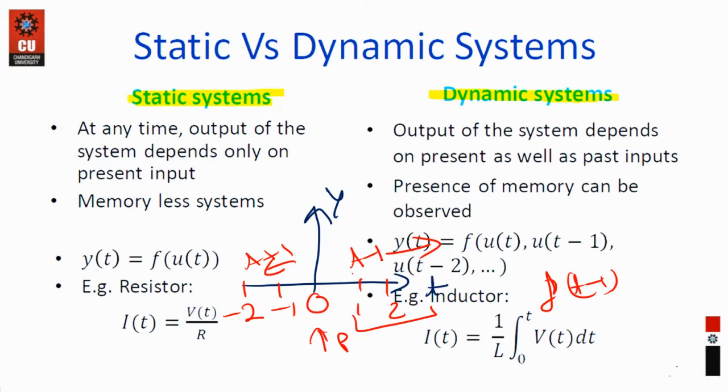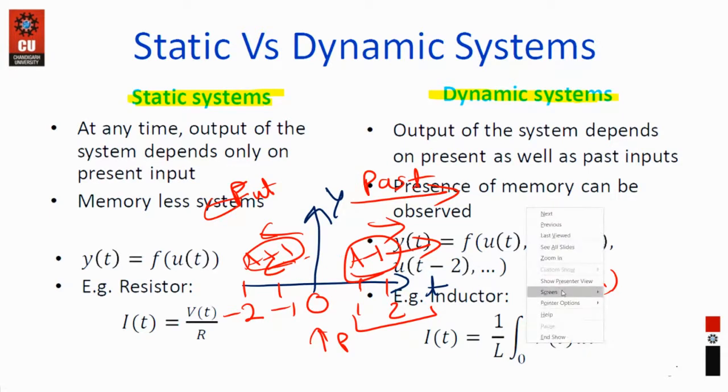Normally when we give delay, we move right side. When we give advance, we move left side. So in short, the positive axis is my past if present time is 0, and the negative axis is my future. I hope you understand.